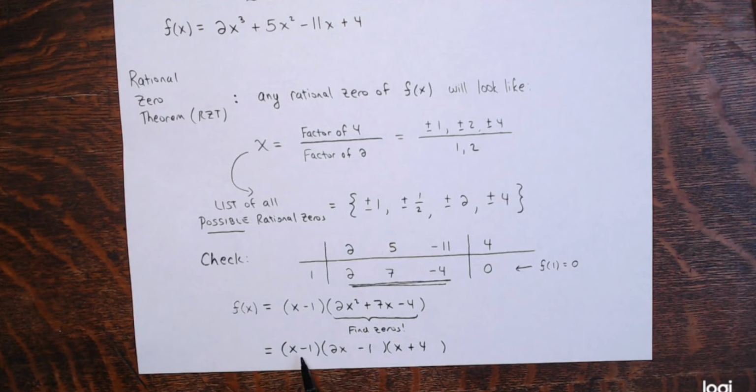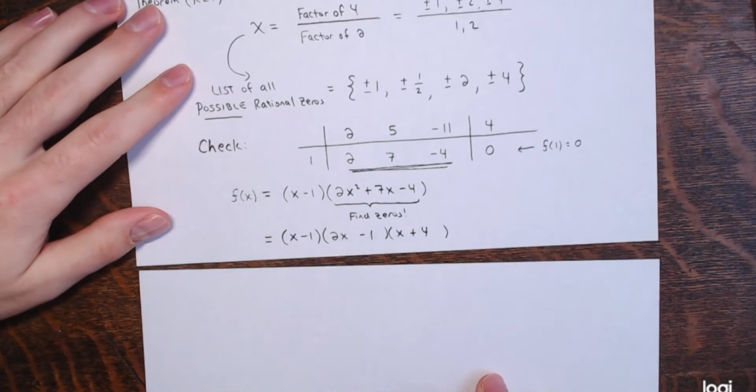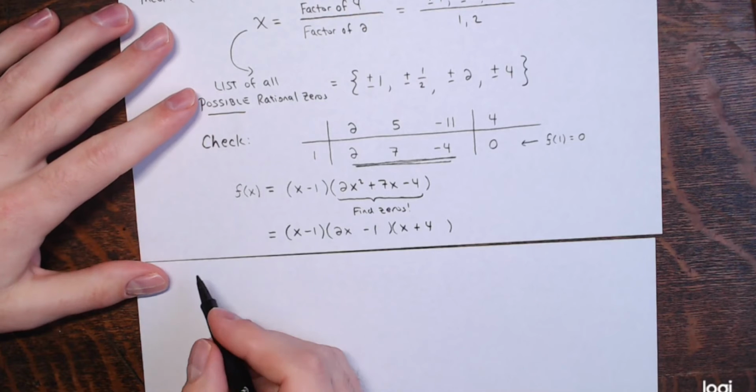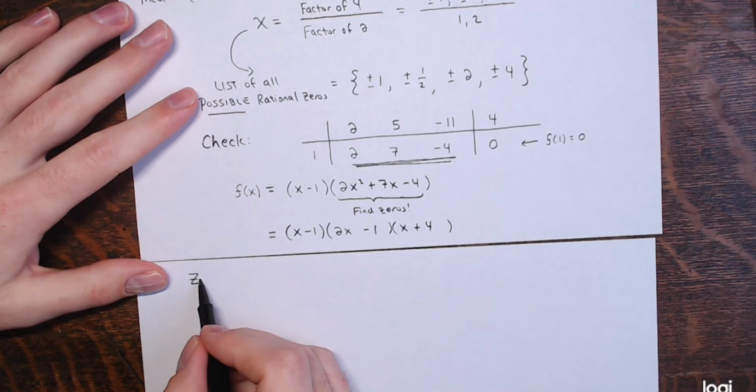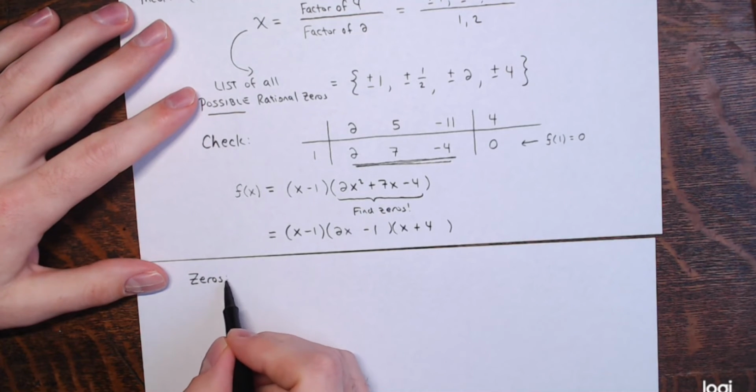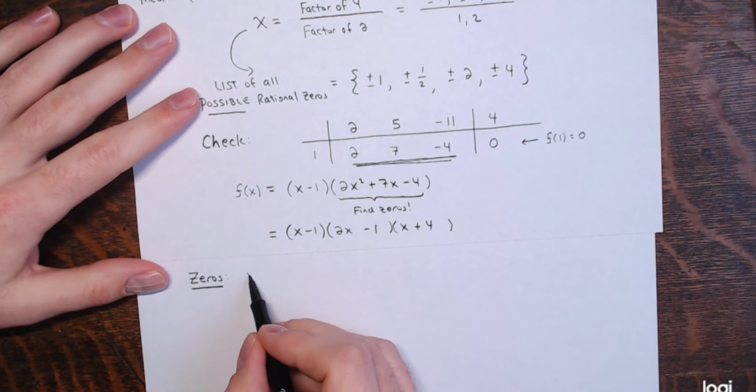So x minus 1 times 2x minus 1 times x plus 4, that's that polynomial completely factored. And now that I have all the factors written like this, I can easily state the zeros. All right, what makes each factor 0? So the zeros are x equals 1, as we said earlier.